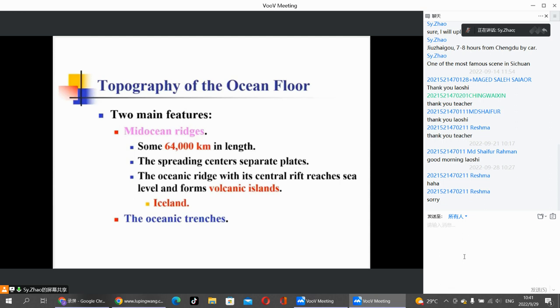The oceanic ridge with its central rift reaches sea level and forms volcanic islands. And the other one is the oceanic trench, which I have talked about before.